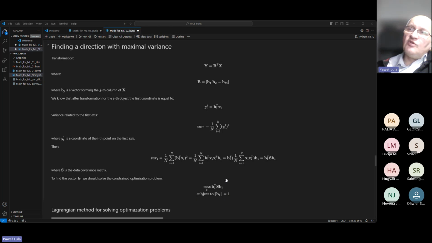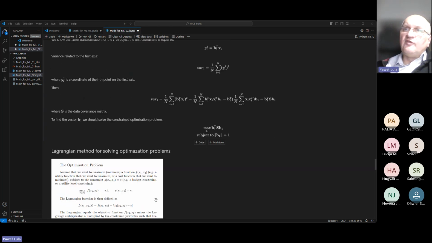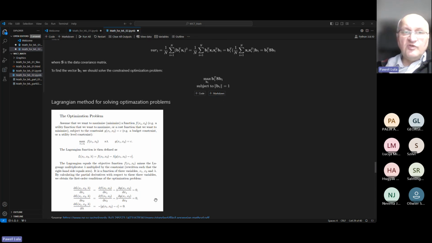So I should solve this problem. Maybe some of you know the method which we can use for solving this type of optimization problem. Maybe tomorrow we will be talking about some elements which will be similar to it, but not the same.